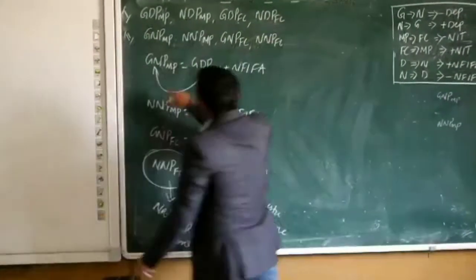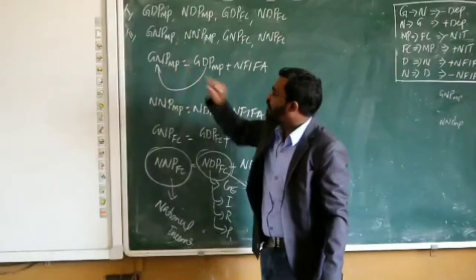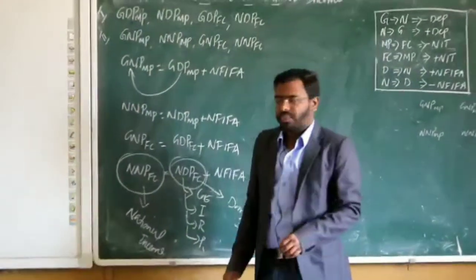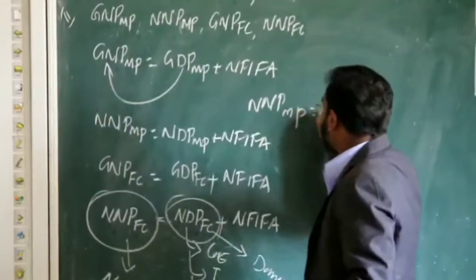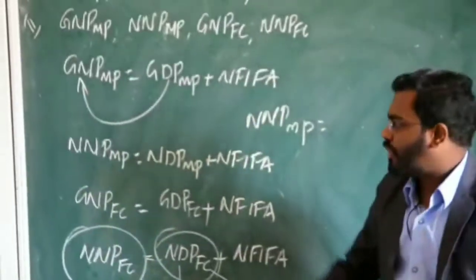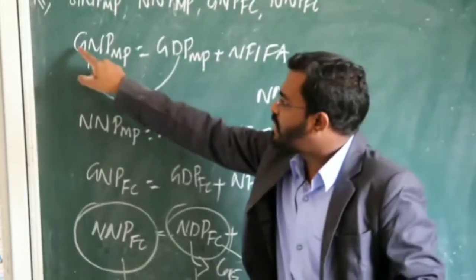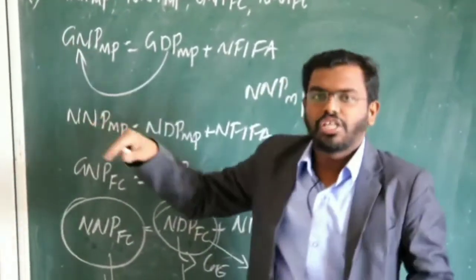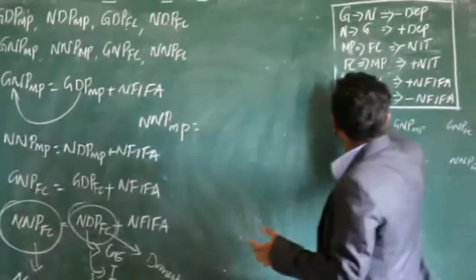This NNP-MP we can also calculate from GNP-MP. What is the difference between GNP and NNP? The difference is gross and net. How can we convert gross into net, G into N?